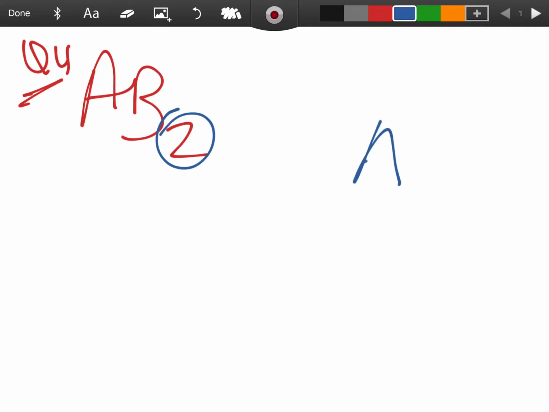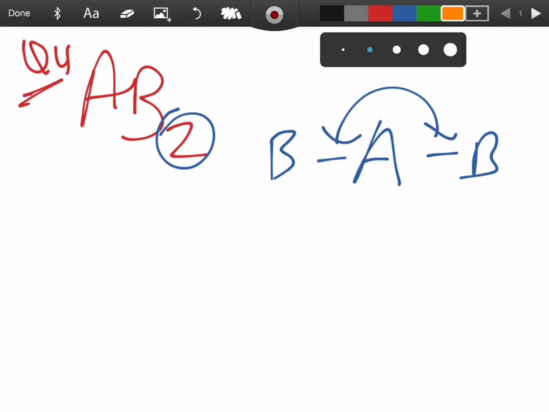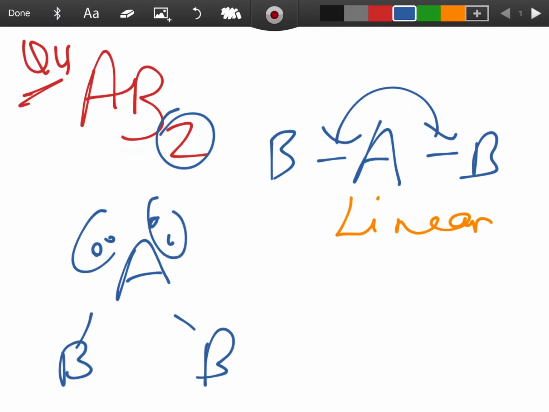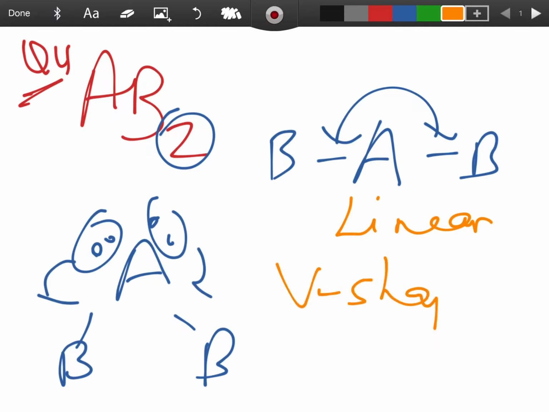Okay, 2 possible shapes then for AB2 was question 4. Now again, look, see that you've got 2 B's. So you could have a situation where you have linear, okay, or the other possibility would be V-shaped, where you would have 2 lone pairs of electrons there pushing the bonds closer together.